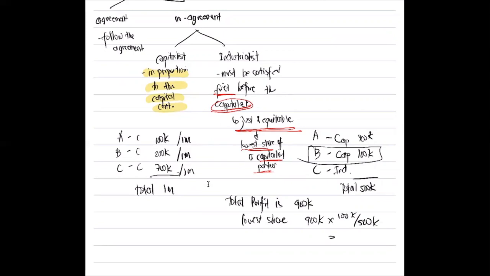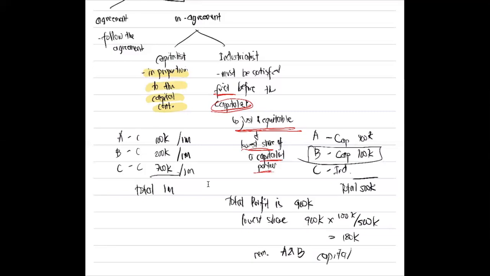So 180,000 is his share. Then whatever is the remainder, you give it to A and B in proportion to their capital.